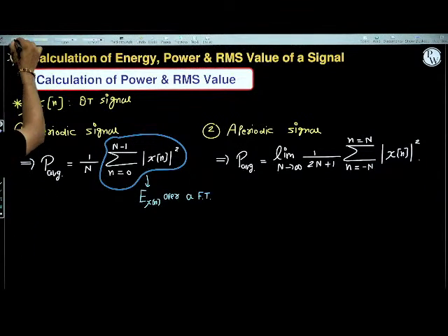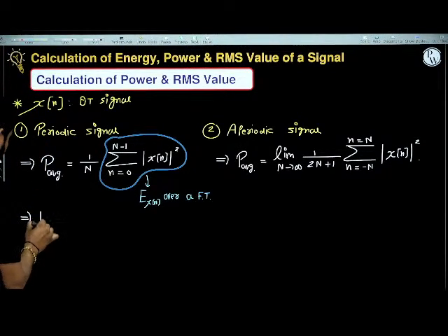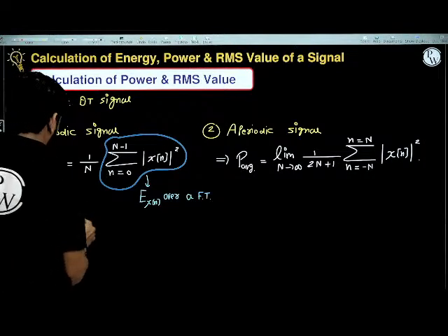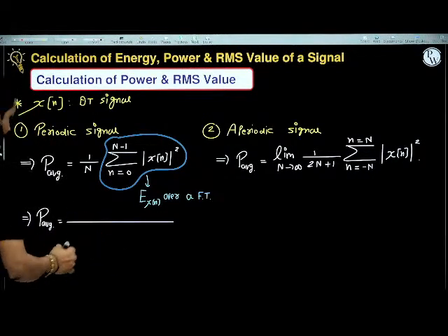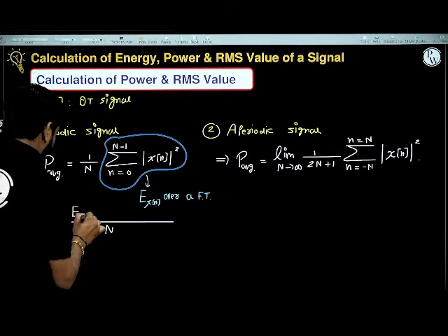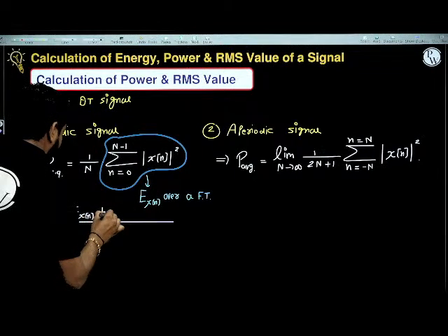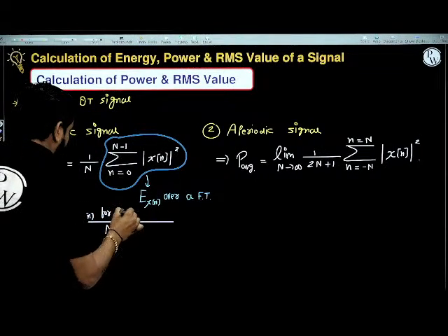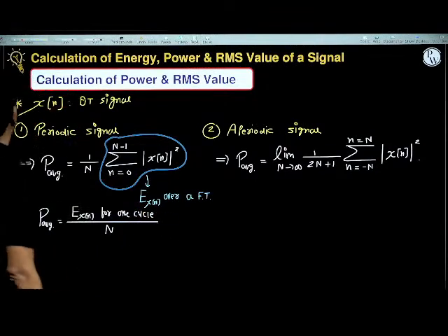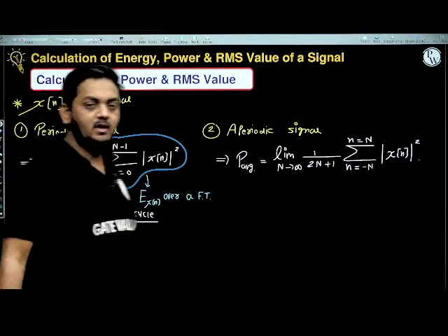So the average power for a periodic signal is: just calculate the energy of the signal for one cycle divided by the fundamental time period. Now let us solve some questions.